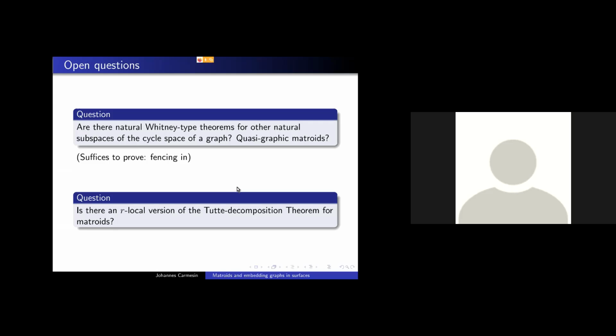I extended this to a local version, giving a really precise definition, so that all the pieces you have are locally 3-connected, or cycles of length at most r. And also it has this uniqueness statement, that this decomposition is unique, similar to the Tutte decomposition for graphs. And I think it would be very exciting to have a matroid analog of this, similar to how Tutte's decomposition for graphs also has a matroid analog.